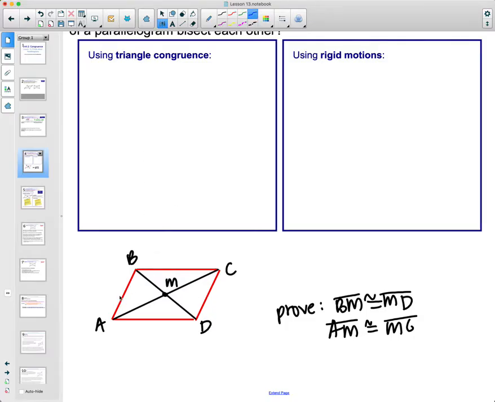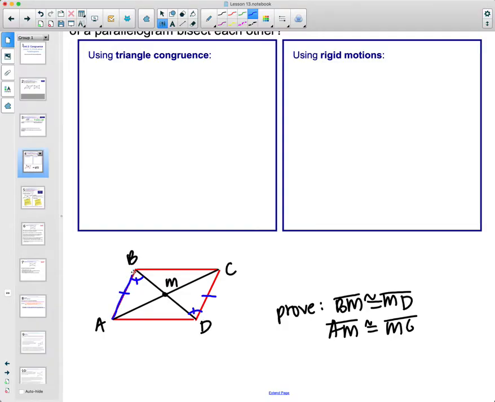One of the things we know about parallelograms is that their opposite sides are congruent. So I know those two pieces are congruent. We also know that we've got parallel lines, and parallel lines help us with alternate interior angles. So if we think about AB being parallel to CD, we should be able to get this angle congruent to this angle from alternate interior.